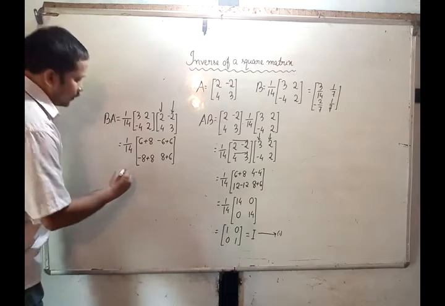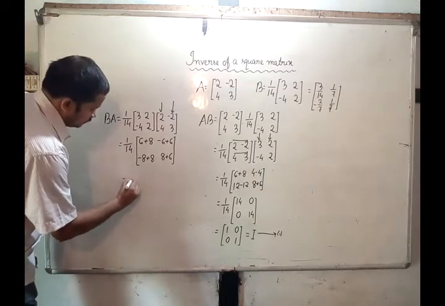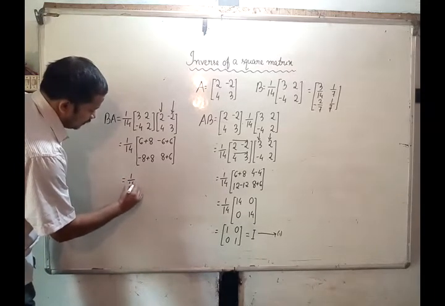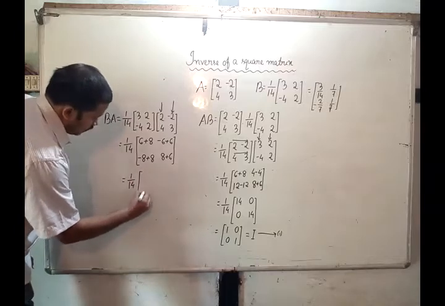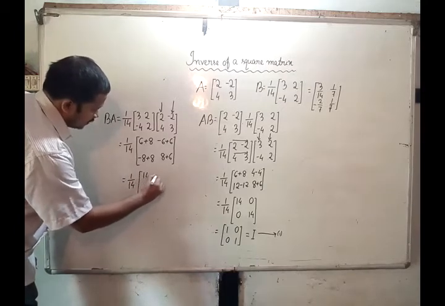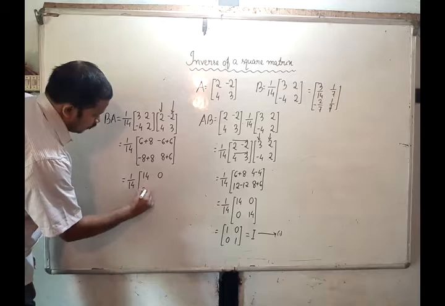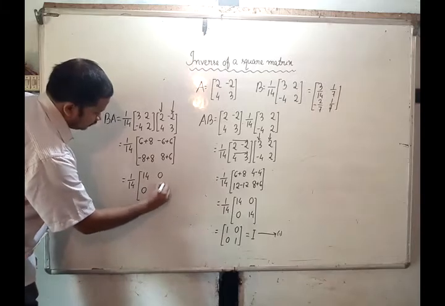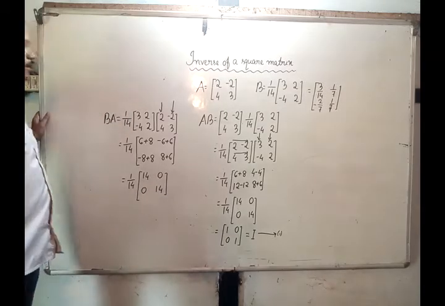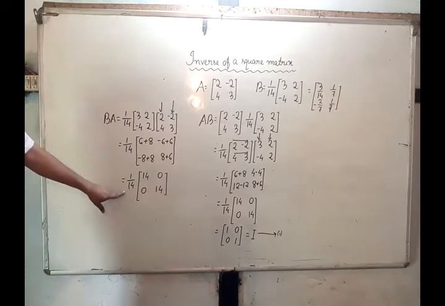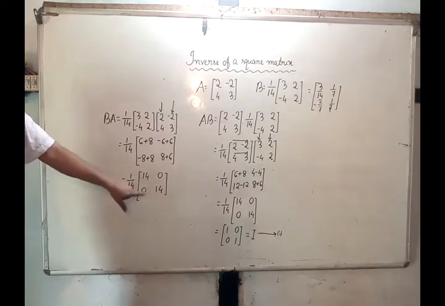Here it is equal to 1 by 14 into 14, 0, 0, 14. All the elements of the matrix will be divided by 14.